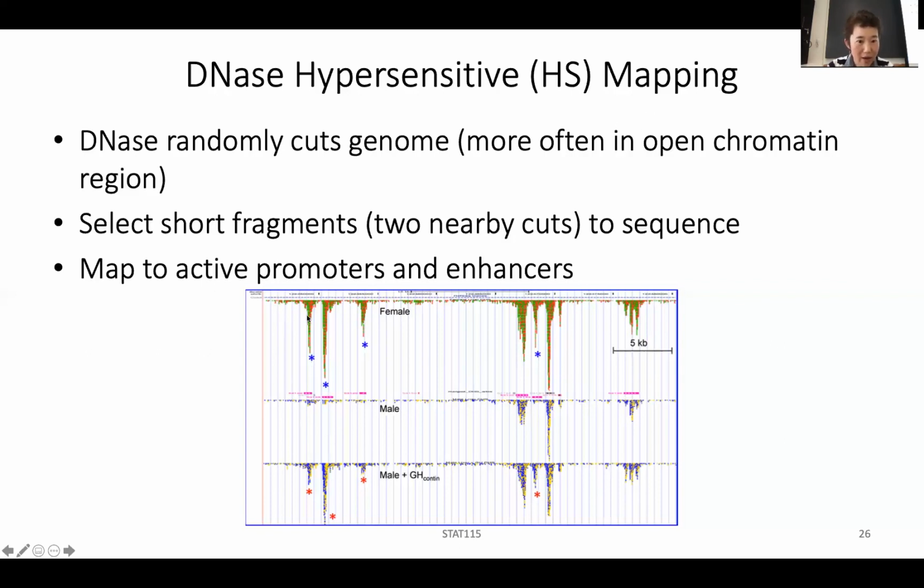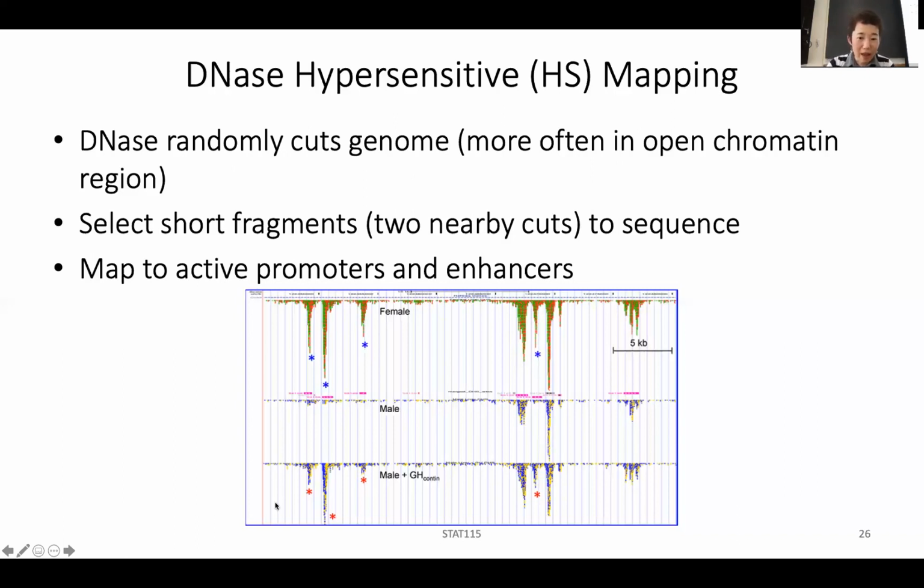And you can see here, most of the region of the genome is just random. There are occasional cases that two cuts are close by, but the signal is quite weak. Whereas in those regions where transcription factors are binding, you see very, very strong peaks.